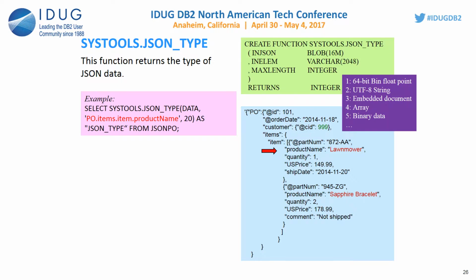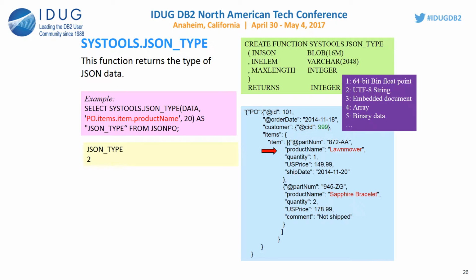What do you think the result for this one is? The output is supposed to be 1, 2, 3, 4, 5, whatever. This one is a string type, right? So the result will be a 2 here, right?